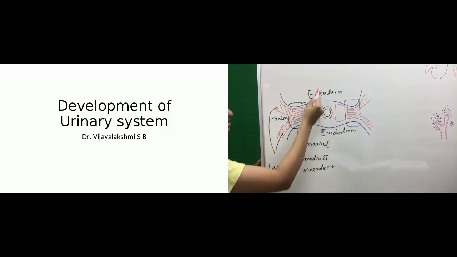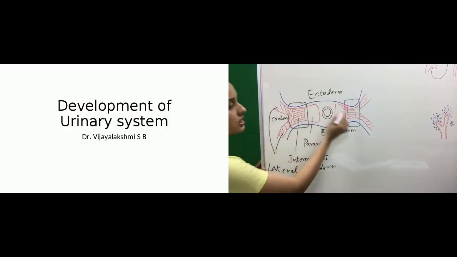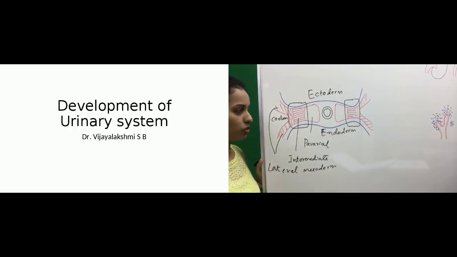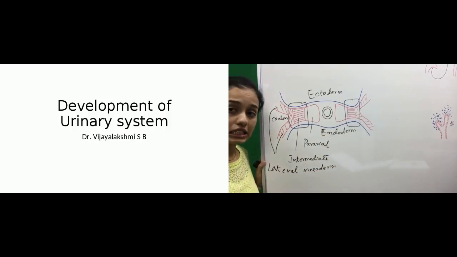So there is the formation of three germ layers, the ectoderm, endoderm, and in the middle is a mesoderm, and mesoderm is not formed at the midline where the neural tube and notochord are present, but on either side you can see the formation of the mesoderm, and these are the sub layers of the mesoderm, that is intra-embryonic mesoderm.